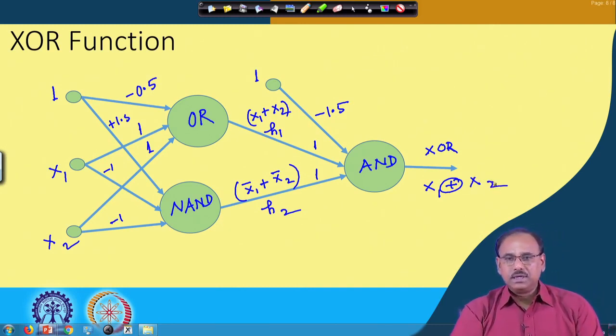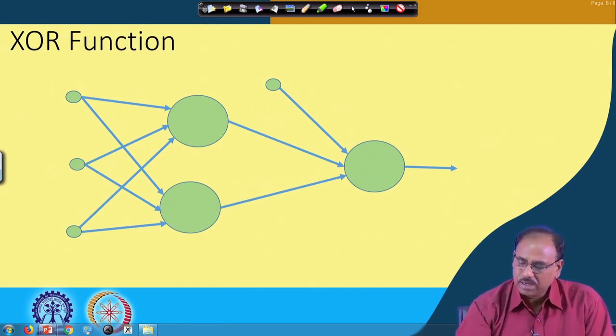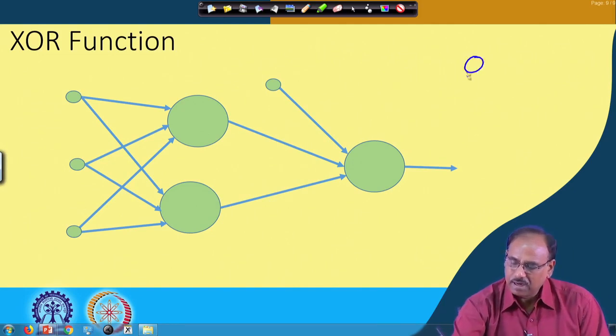So, through this discussion it is quite clear that if I have linearly separable problems, a single neuron for a 2-class problem is sufficient. If I have multiple classes, then I have to have multiple neurons. So, in case of multiple classes, the way this has to be done is I can have a number of neurons, but in a single layer.